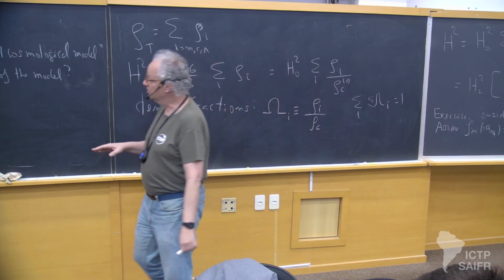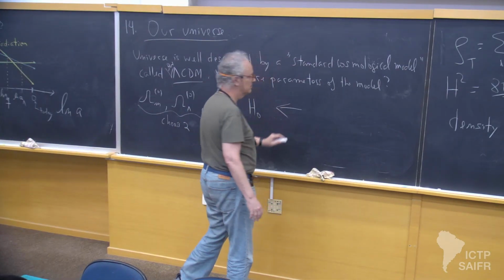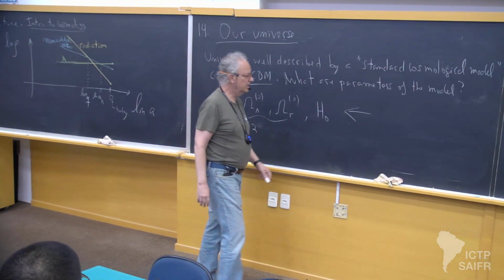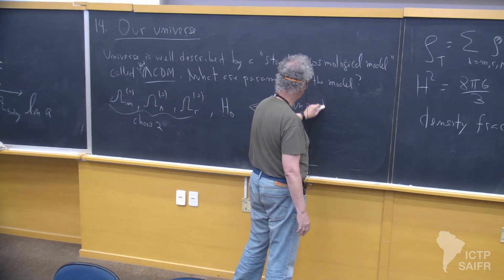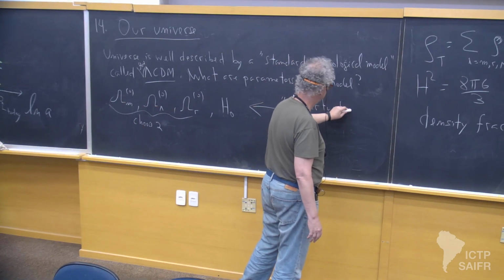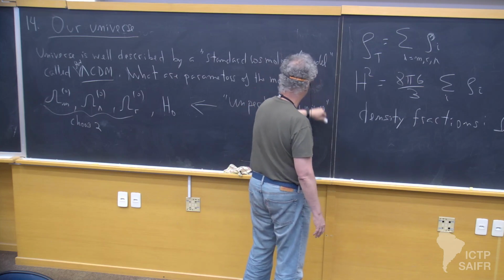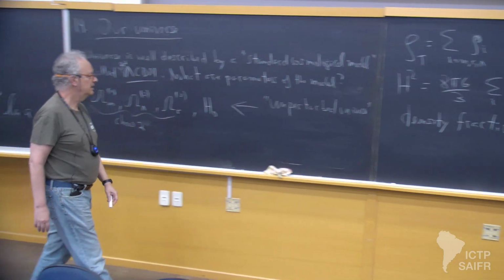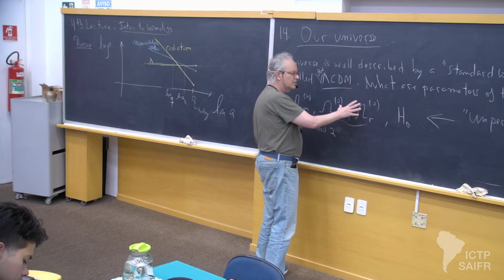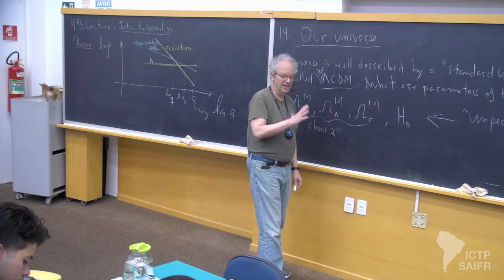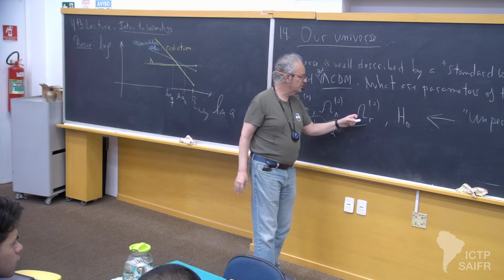If you're talking about the unperturbed universe, this is what you need. And even in the case of the unperturbed universe, there are some uncertainties from particle physics. So let me just say this again, just to let you know that there are some uncertainties here.